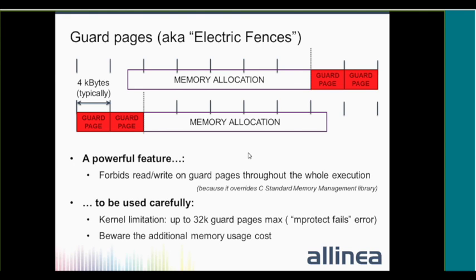So typically, if you look at this bit here, let's imagine that I have guard pages before my allocation. I have my memory allocation. If I wanted to do another guard page, it would start on this particular point here. This means that even if you're doing a read or write access in this little gap, nothing would happen. So this is the reason why this feature is not available for both before and after memory allocations. You have to pick one.